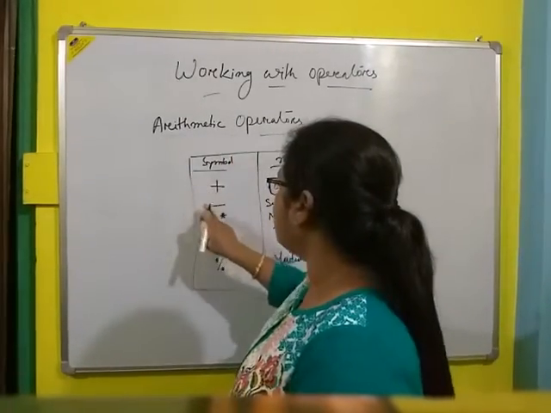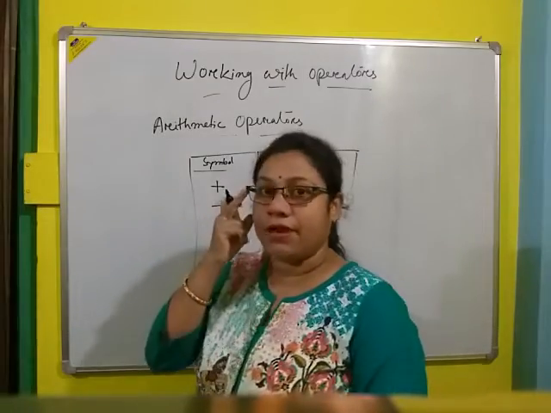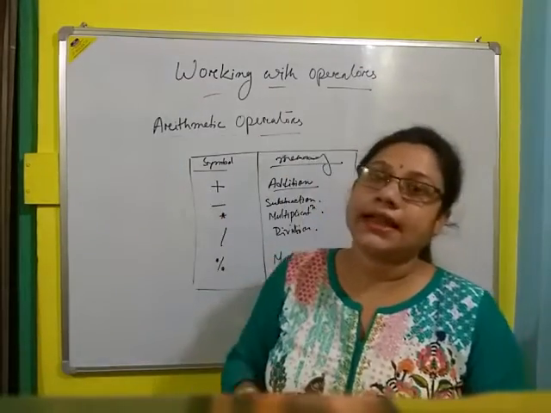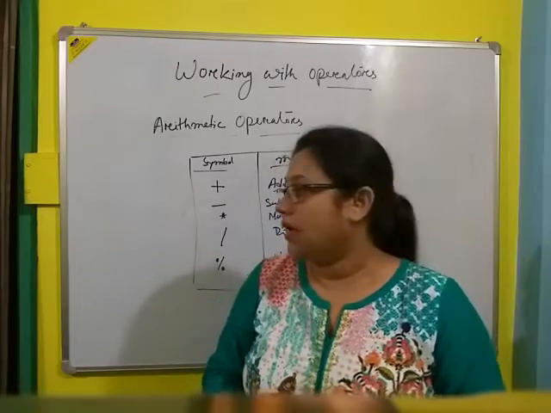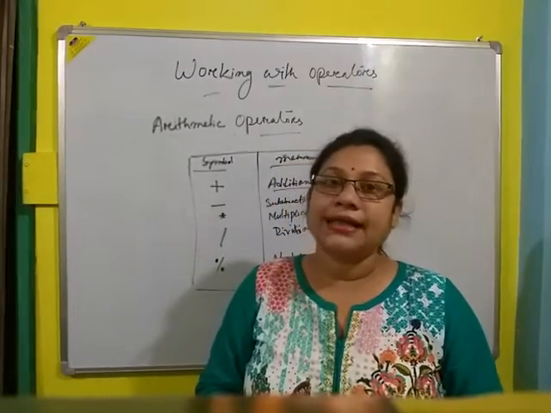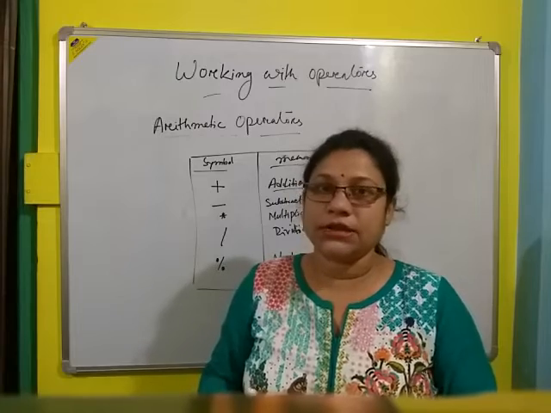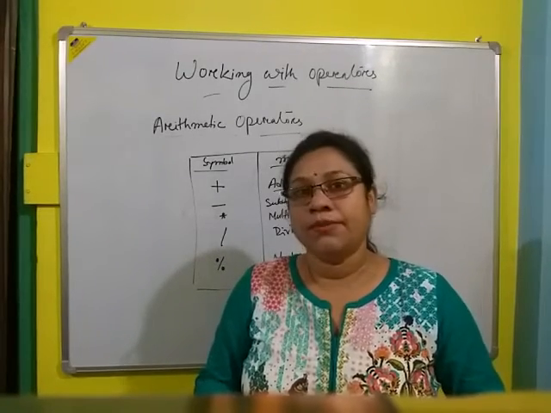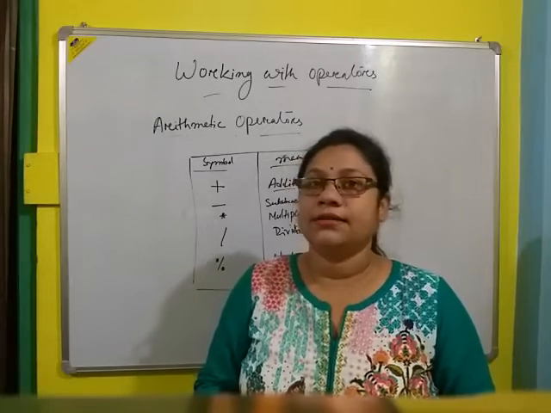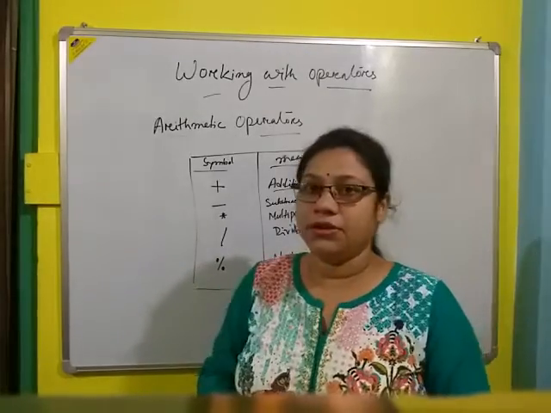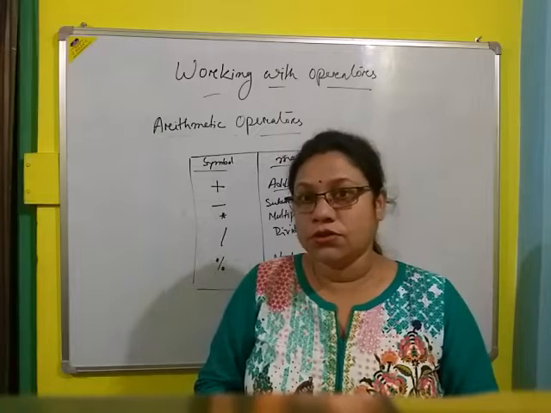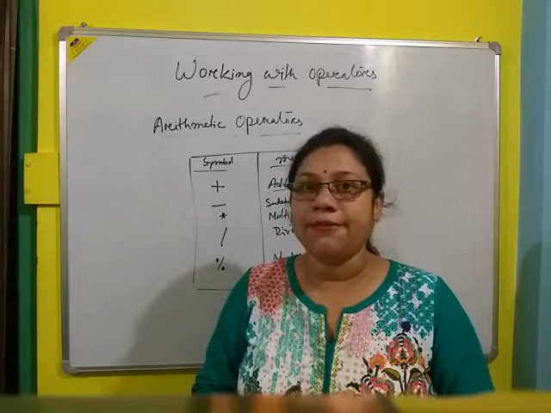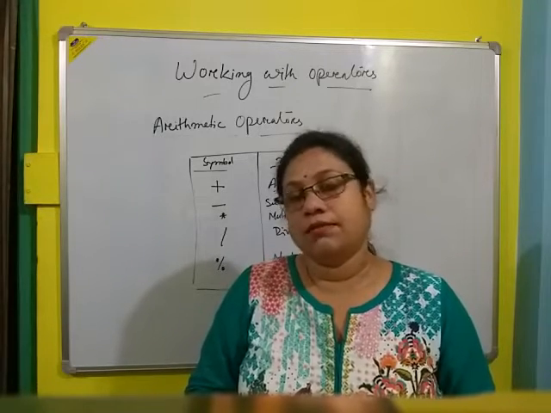So we have 1, 2, 3, 4, 5 different types of operators that are used as arithmetic operators. Out of 5, plus, minus, multiplication and division are common for us. This is a new operator, known as the modulus operator, and it is used to show the remainder of a division operation.